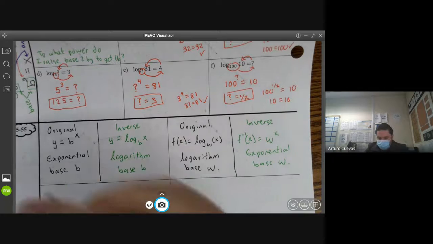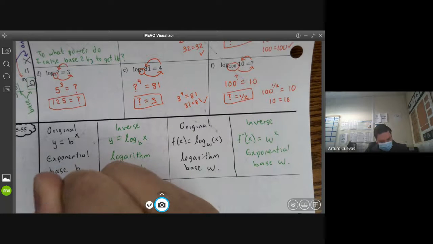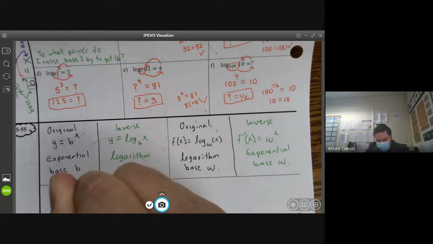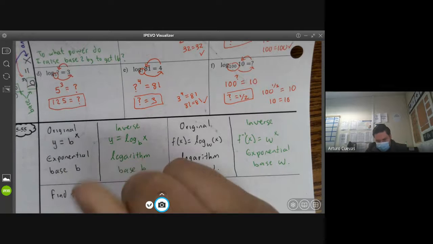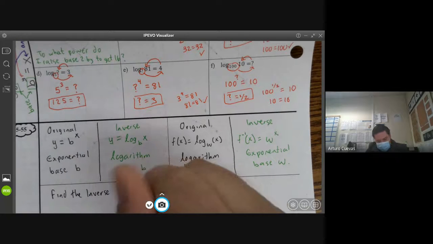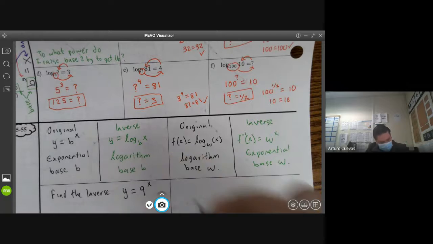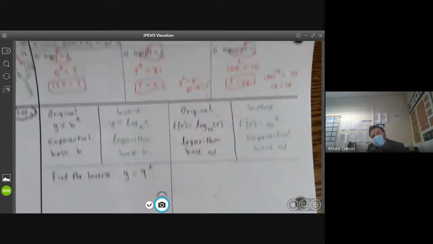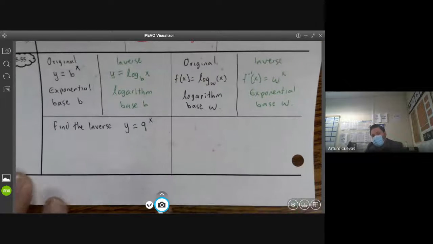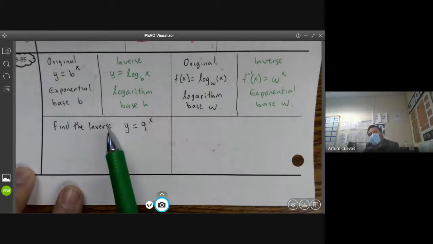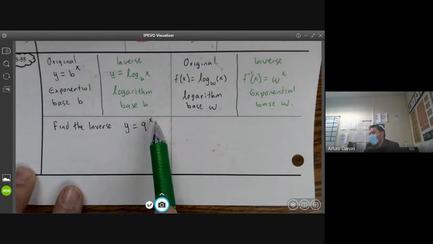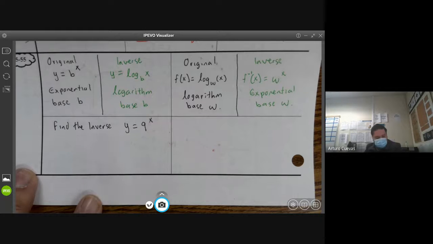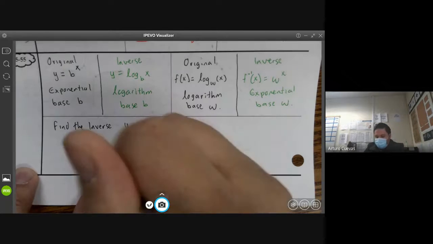So if I ask you, find the inverse of y equals 9 to the power of x, remember earlier we couldn't find the inverse when the exponent was a letter? So now we know how to do that. We can turn this into an inverse.